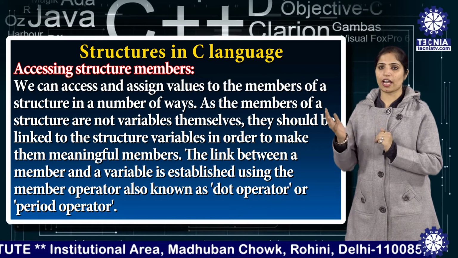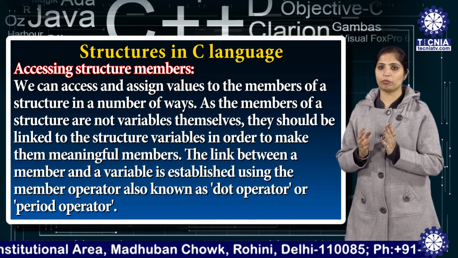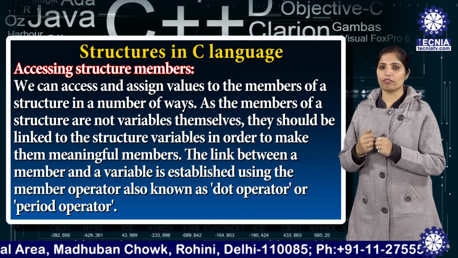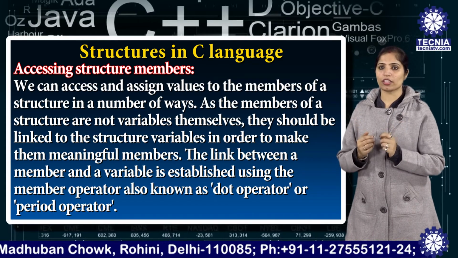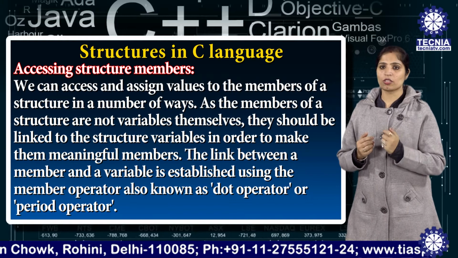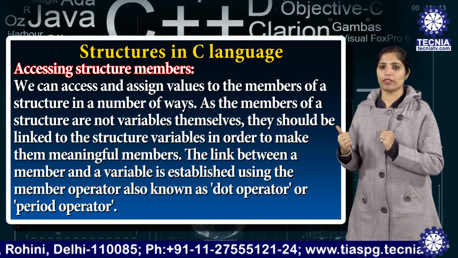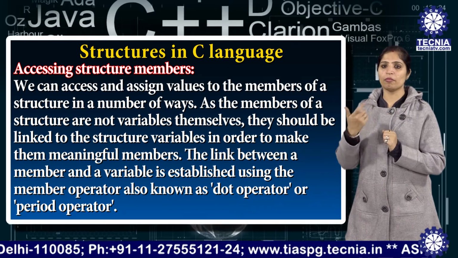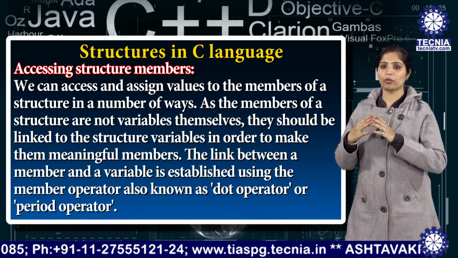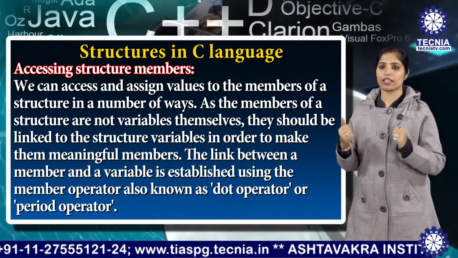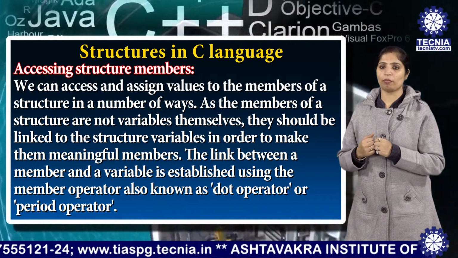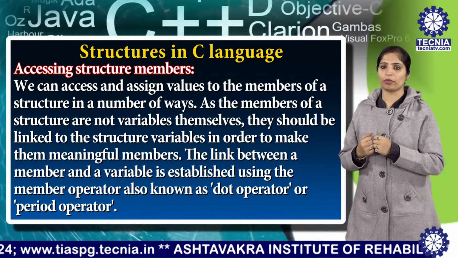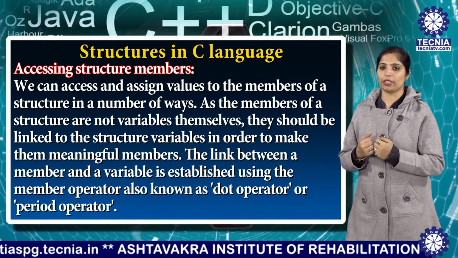Next is accessing the structure members. We can access and assign values to the members of a structure in a number of ways. As the members of a structure are not variables, they should be linked to the structure variable in order to make them meaningful members. The link between the member and the variable is established using the member operator, which is the dot operator or period operator.